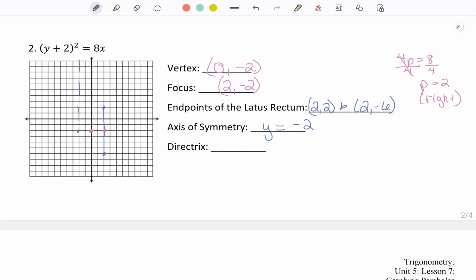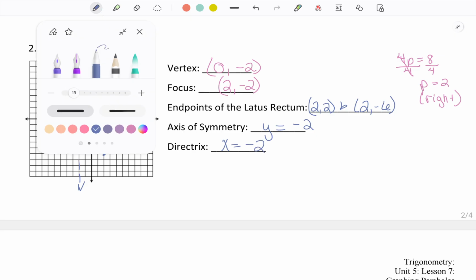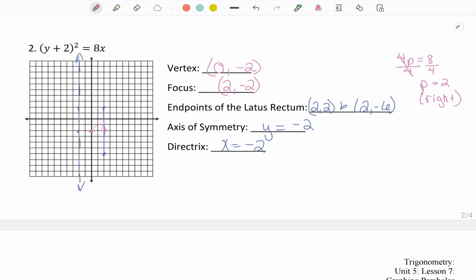And so that gives us our dotted line there at x equals -2. So we're just going to sketch in our parabola at that point. And there we go.